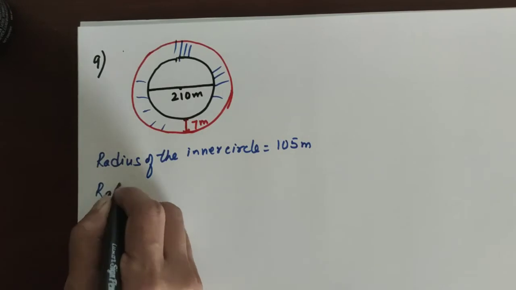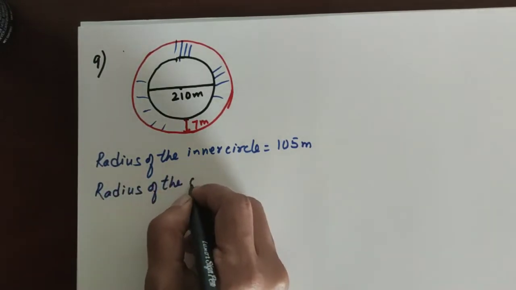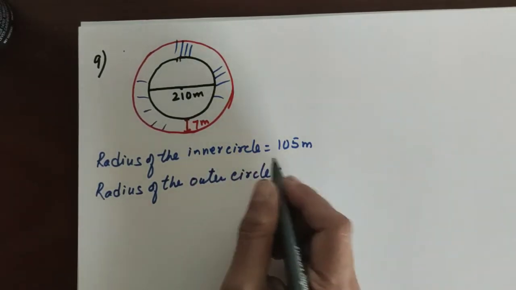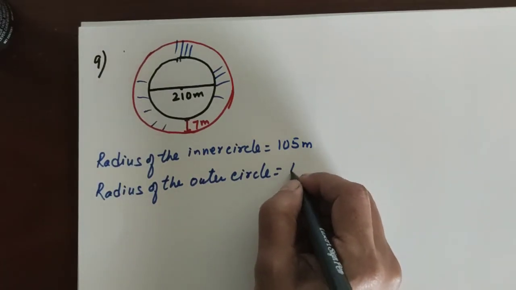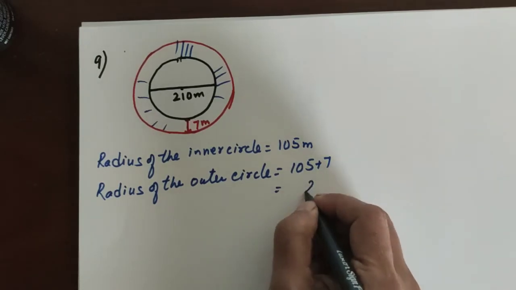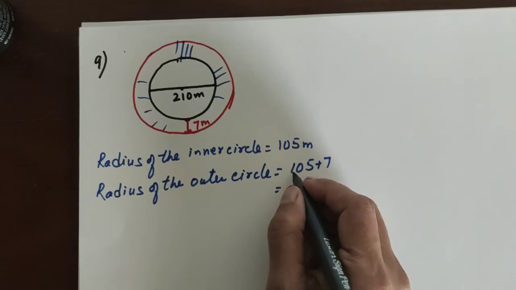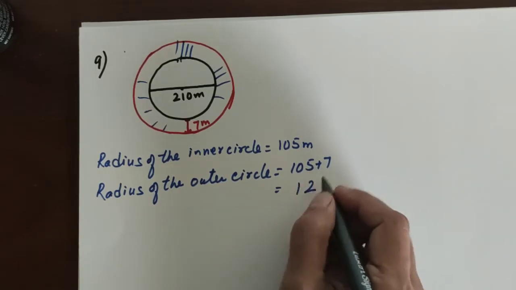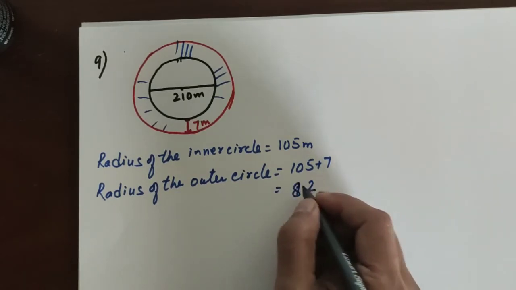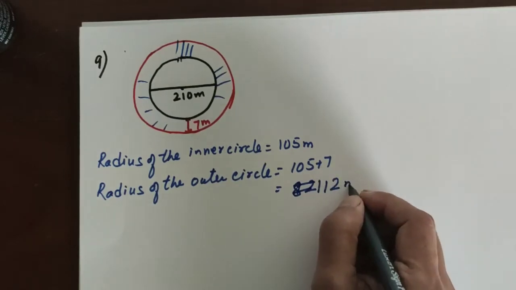Then the radius of the outer circle is 105 plus 7, which is 112 meter.